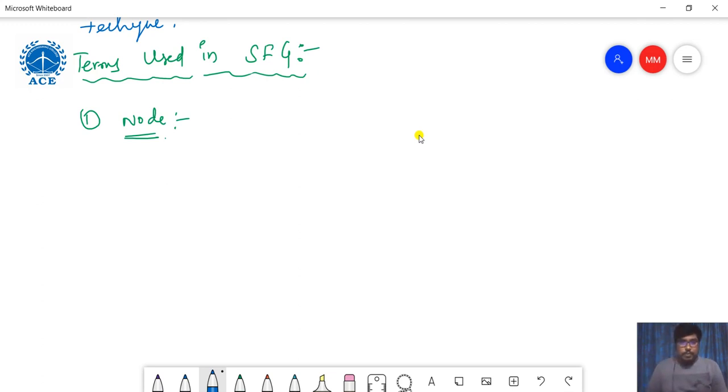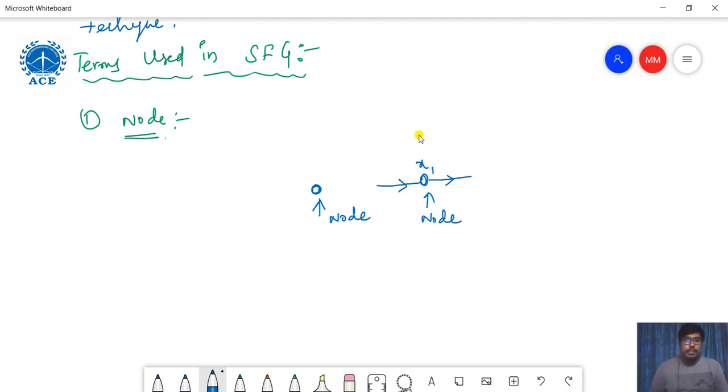Node is representing a variable or a signal. So this is called a node. If I represent it in another way, this is a branch, this is the outgoing branch, this is the incoming branch, and this is a node. Suppose this one I'm representing x or x1, for example. So this is a node.